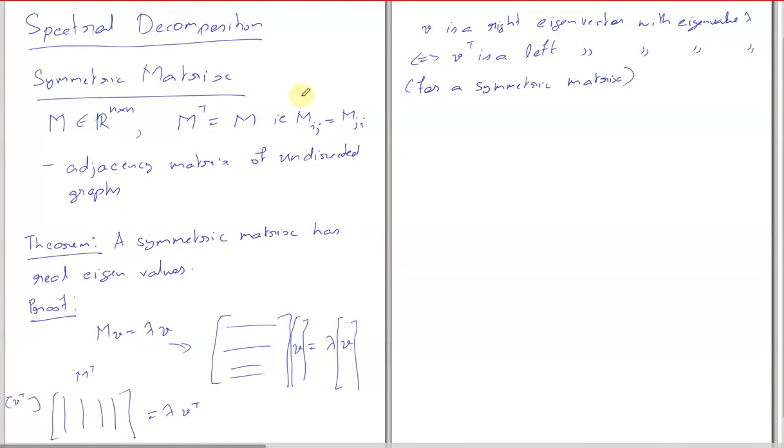Just take the transpose on both sides of the equation. It is true for M transpose, sir, but not for M. For M transpose, that's an obvious statement: if you transpose everything, then the eigenvector transposes too. But here, for the same matrix, there is a connection between the left and the right eigenvector, because M equals M transpose.